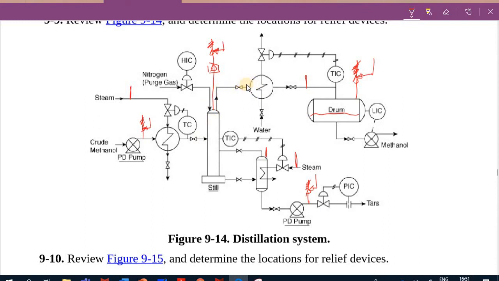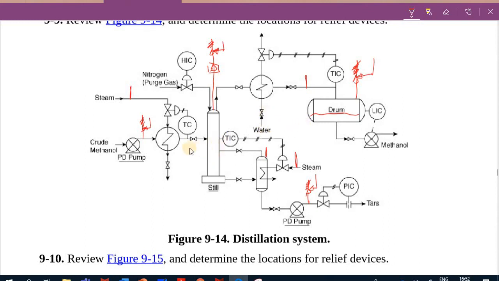I am just putting the worst case scenario. That means you're going to have a build-up of temperature here. So we always go to the worst case scenario, just to make sure we can relieve that overpressure and not cause any explosion.